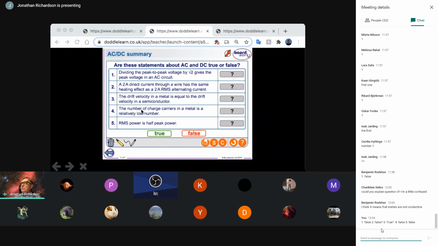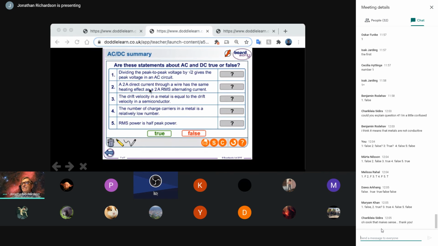But most metals tend to be insulators or conductors. Good.